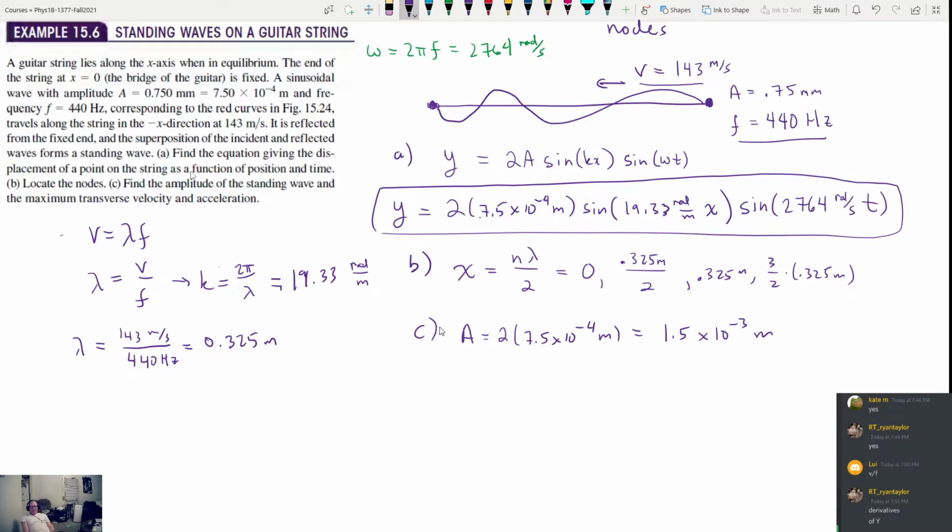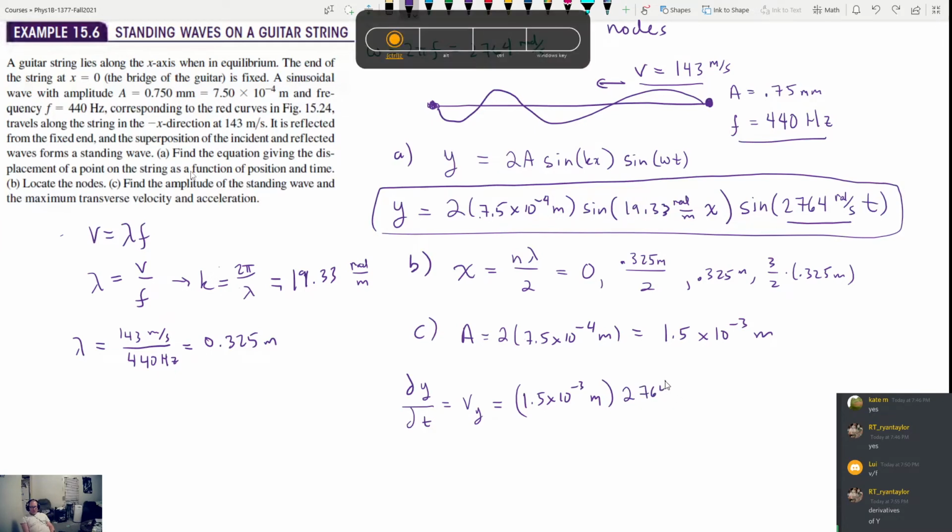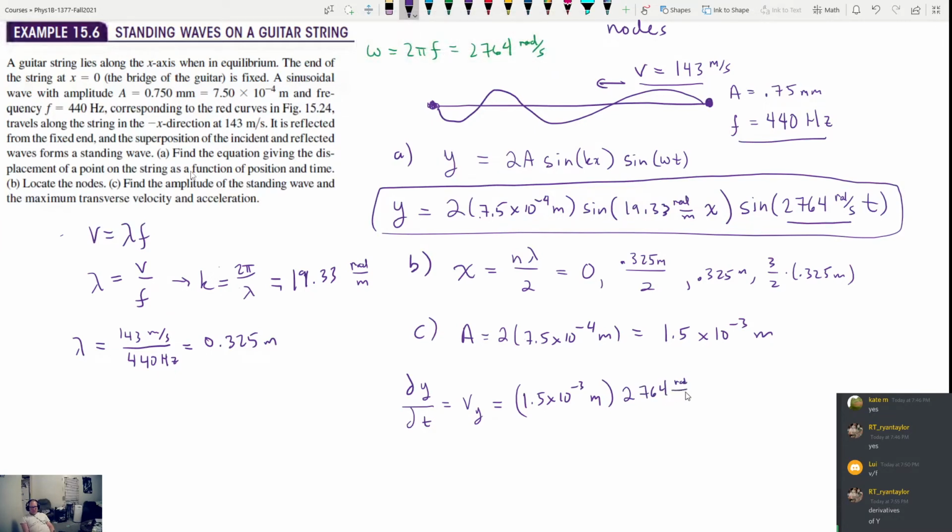Okay, so if we take the partial of y with respect to time, this is going to give us v sub y. So if we do that, this quantity is going to come out of here, and the sine is going to become a cosine, so we're going to get 1.5 times 10 to the minus 3 meters multiplied by 2764 radians per second, and then times all this stuff again.